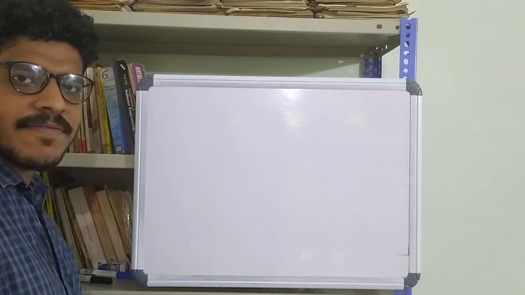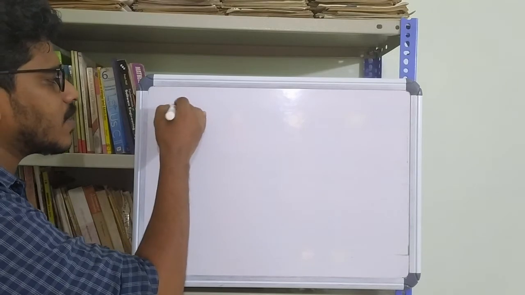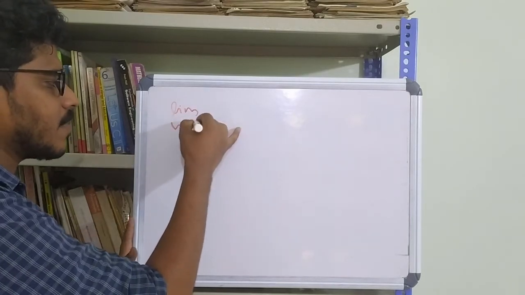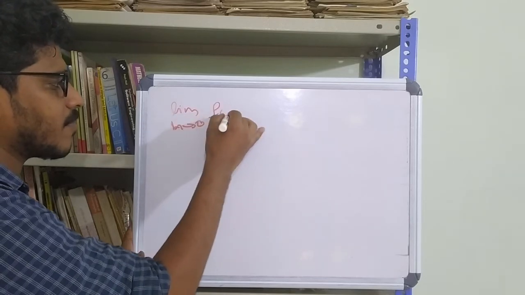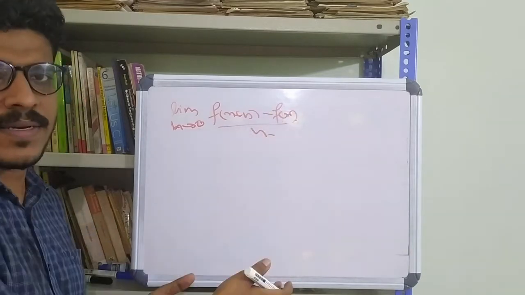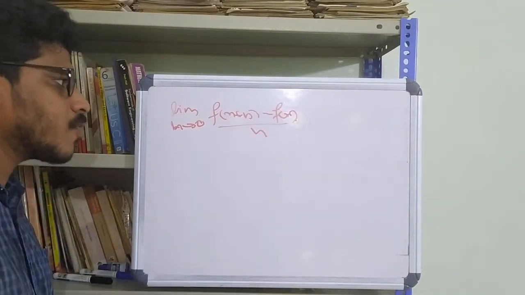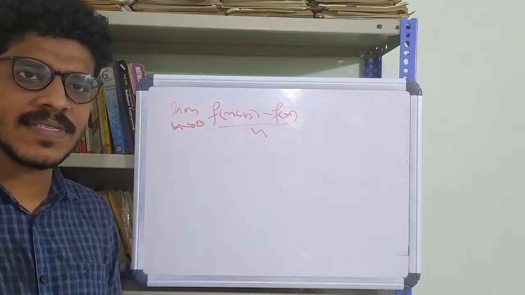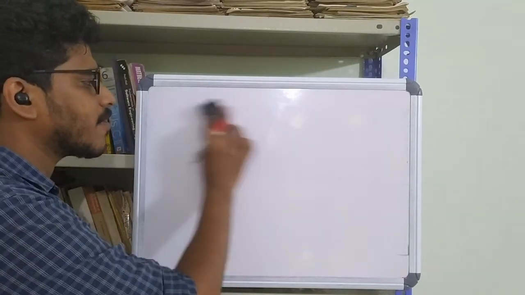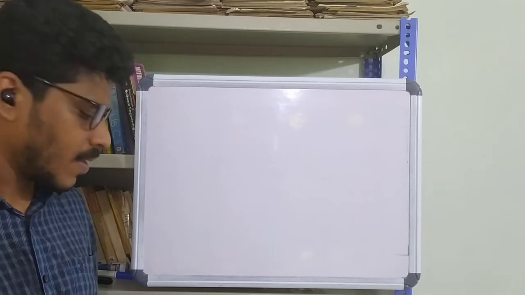So when we discussed derivatives, we had a limit expression. Limit h tends to 0, f of x plus h minus f of x divided by h kind of thing. But we never used this expression to find the derivatives. We had our own techniques to find the derivative of a function in the practical sense.